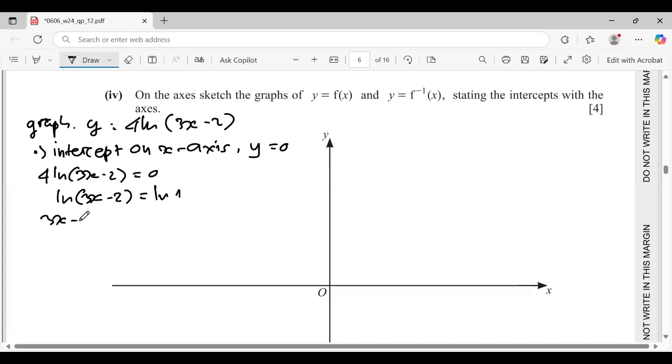So 3x - 2 equals 1, and 3x equals 3, so x equals 1. So the coordinate point is (1, 0).